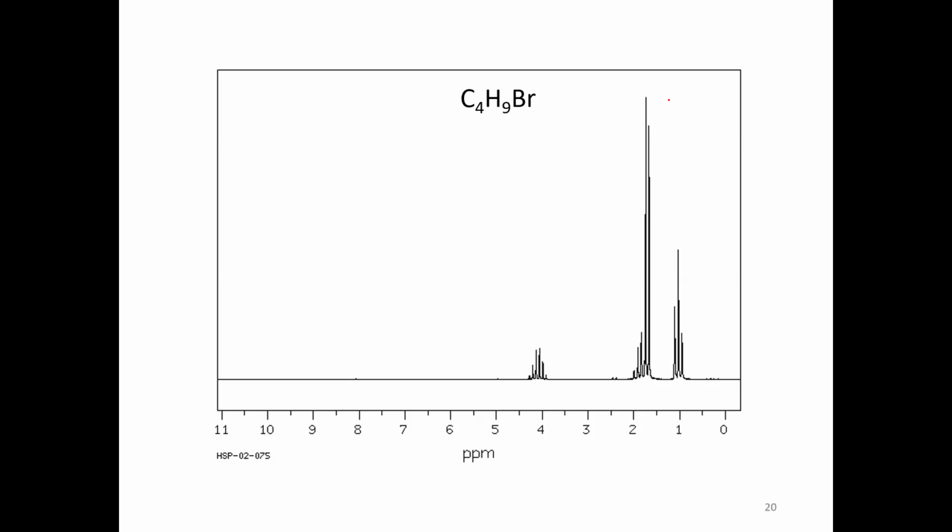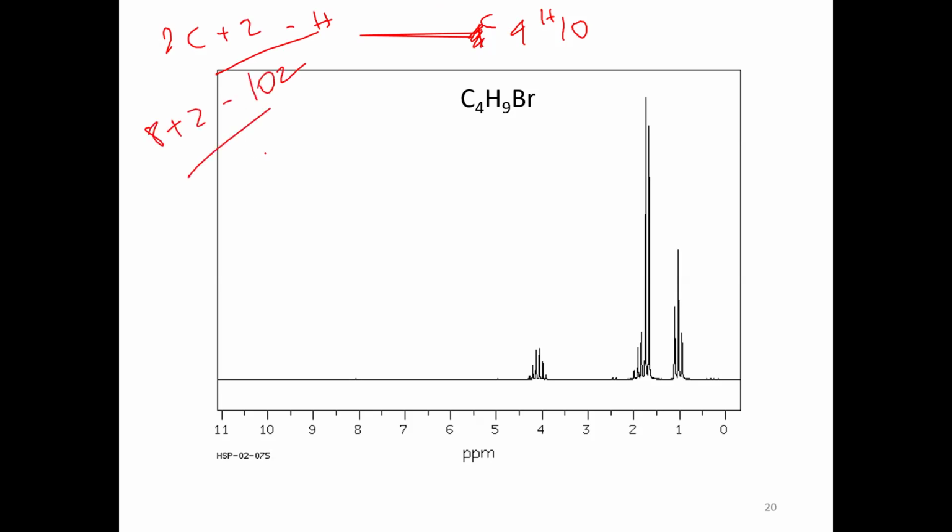The halogen counts like a hydrogen, so it looks like C4H10. This one will be 2C plus 2 minus H, divided by 2. So 2C is 8, plus 2, minus 10, is 0, divided by 2 is 0. You have 0 unsaturations. Okay, so your structure is all aliphatic.